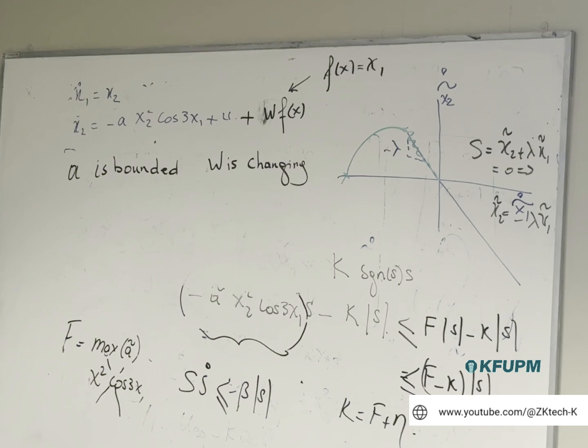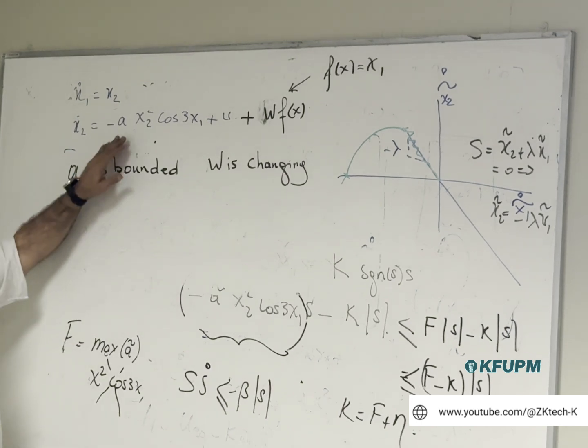Adapt W hat in the controller, plus and minus W hat. What do we call this controller? Adaptive sliding. Robust adaptive controller. And so you can combine both.